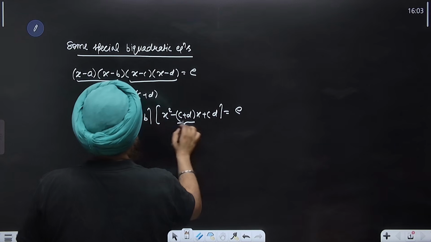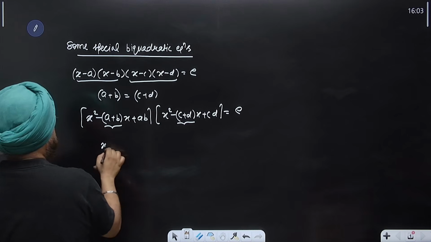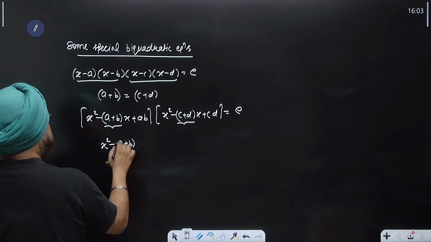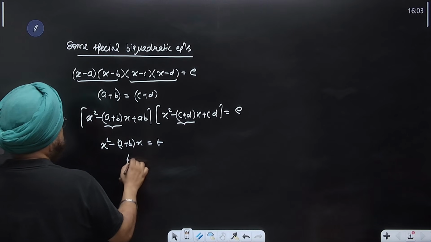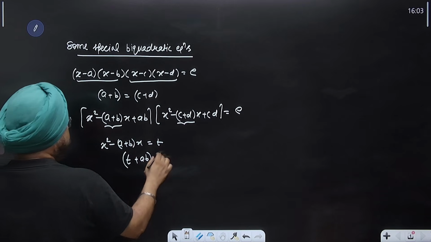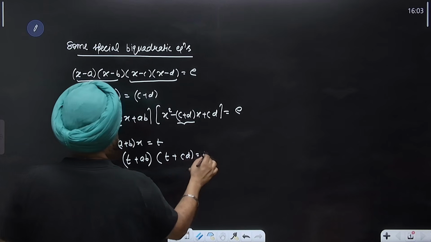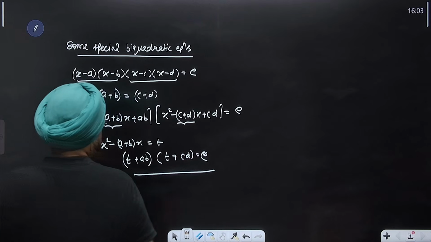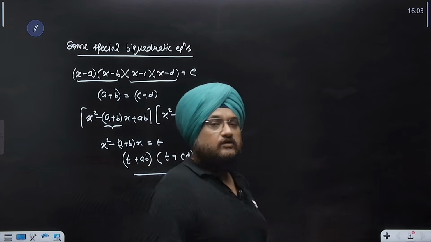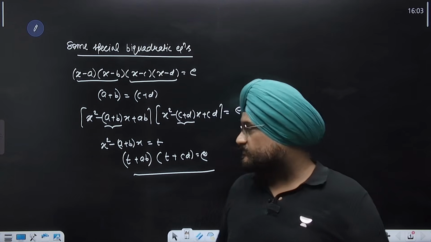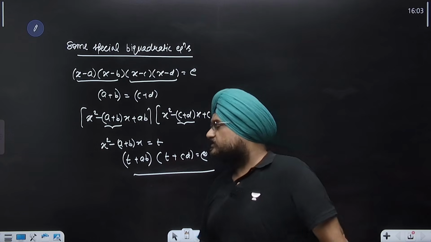Now a plus b is equal to c plus d. So consider this as t and the equation will become t plus ab, t plus cd equal to e. That will be a quadratic equation which can be solved using the quadratic formula, the value of t, then we can also find the value of x.